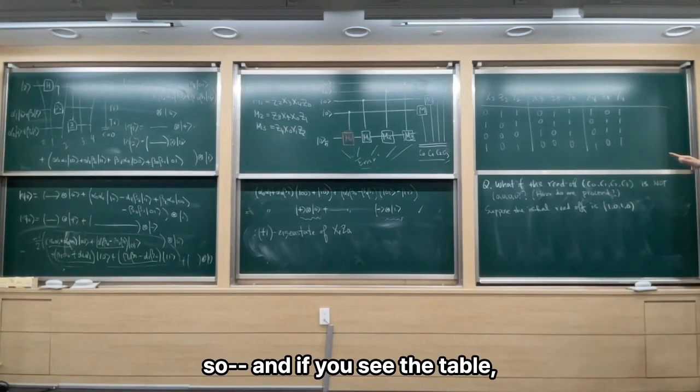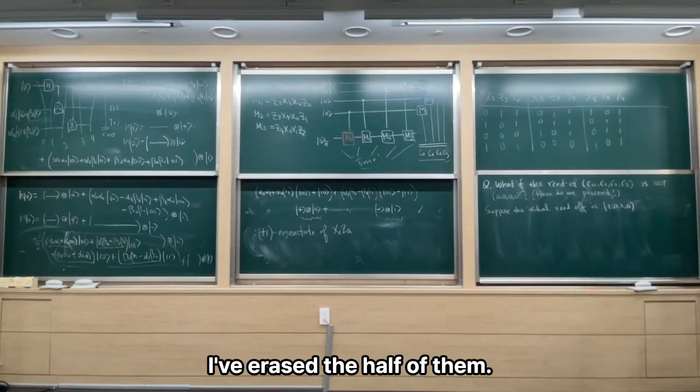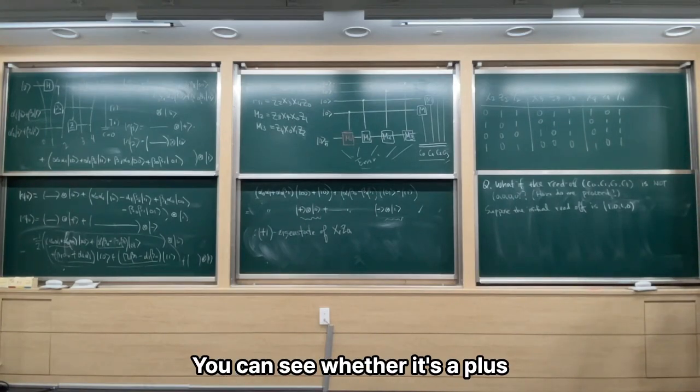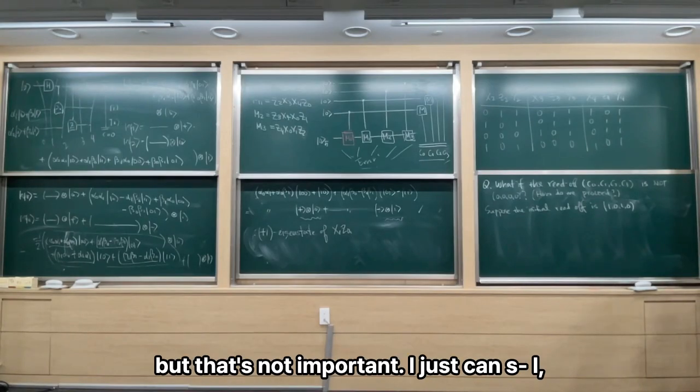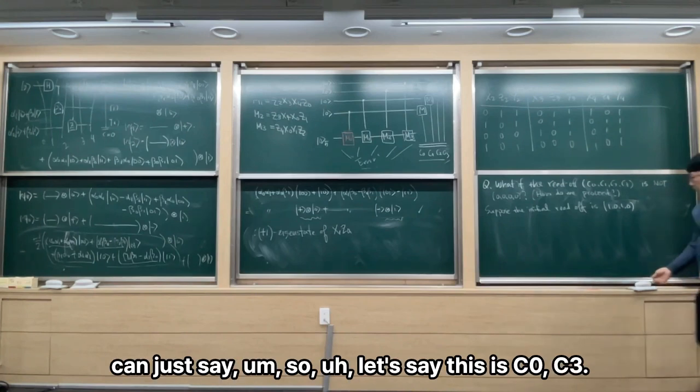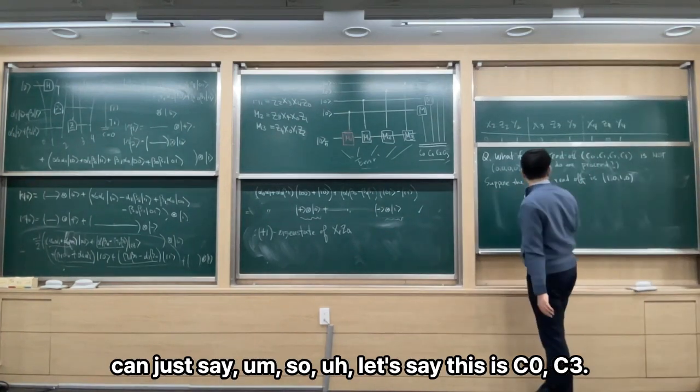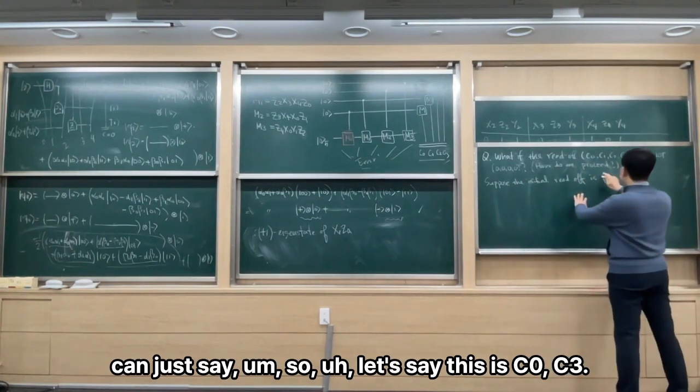And if you see the table, I've erased half of them. If you think about this case, then you can see whether it's a plus or minus eigenstate of this measurement M0 to M3. But that's not important. Let's say this is C0, C3.